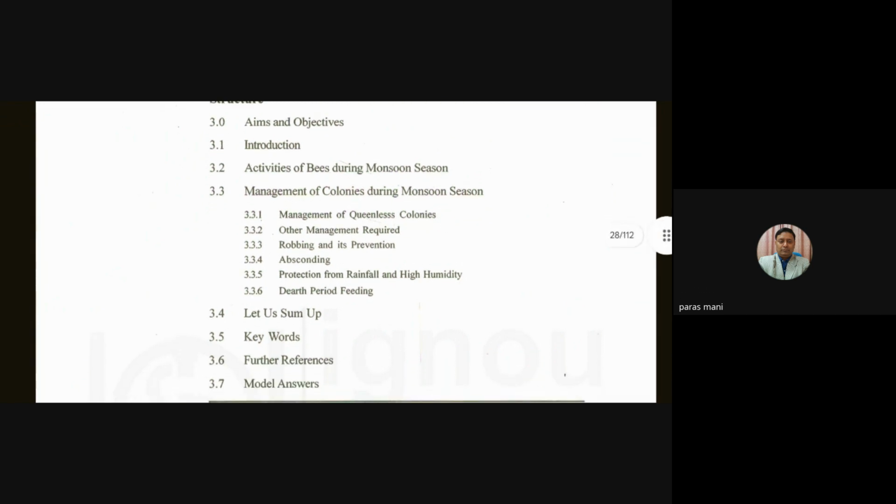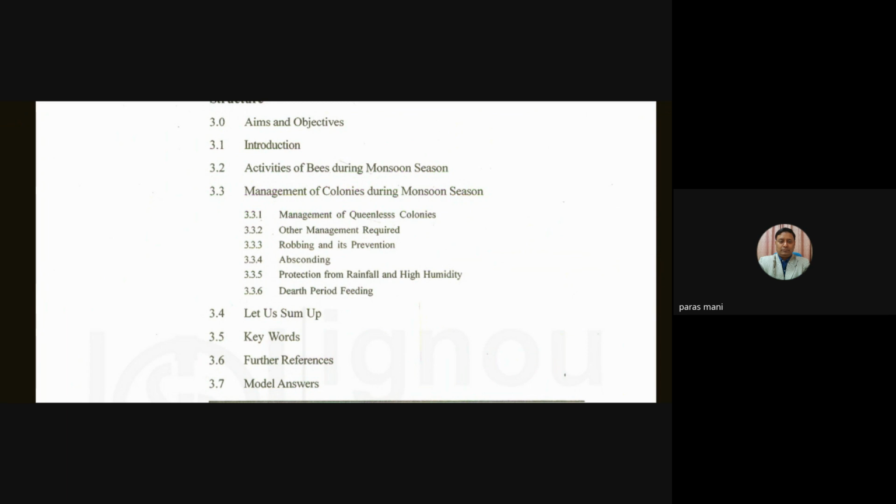And also many natural enemies may feed on those worker bees which went out for foraging. There are many reasons. And protection from rainfall and high humidity is one major important aspect in monsoon season.